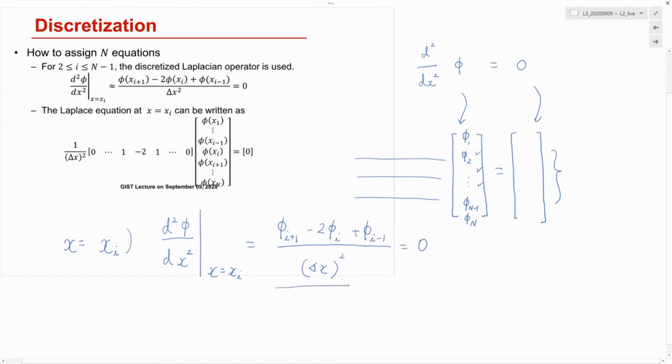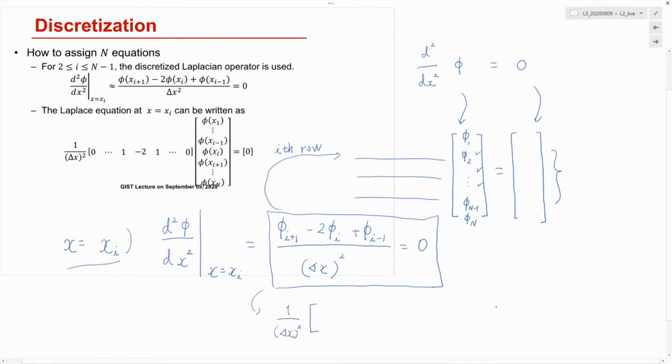This relation, the Laplace equation evaluated at the position x equal to xi, is assigned to the ith row of our system.